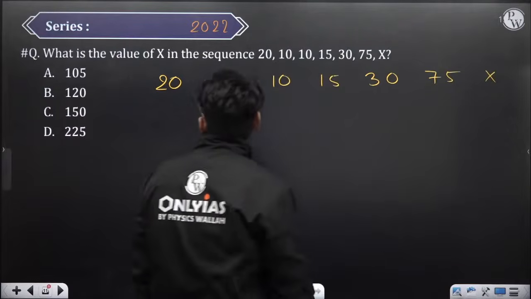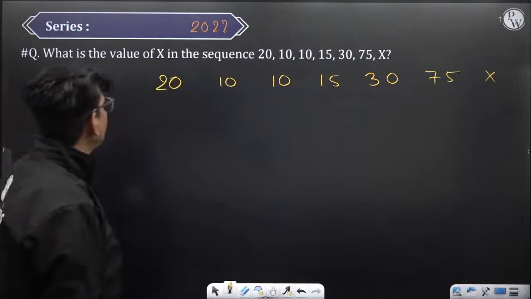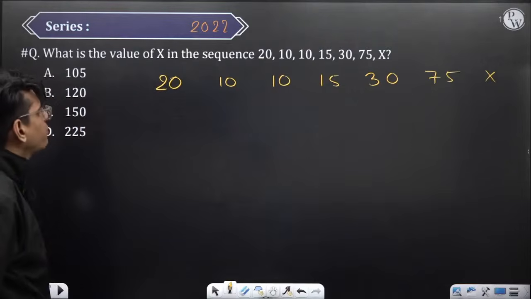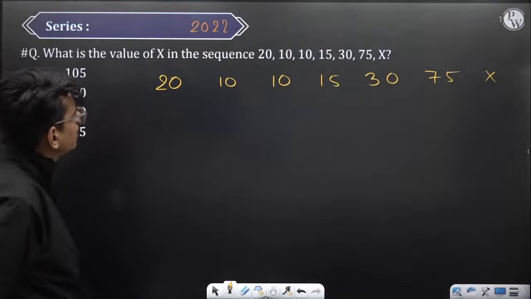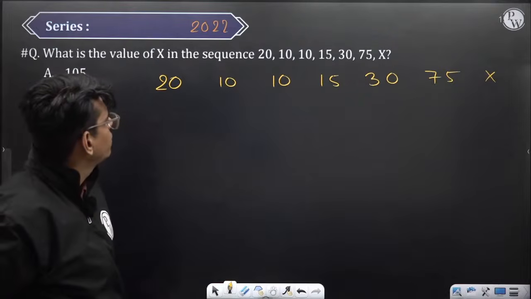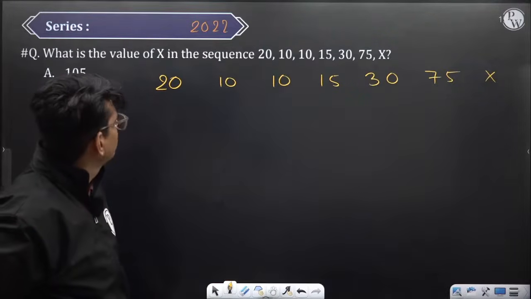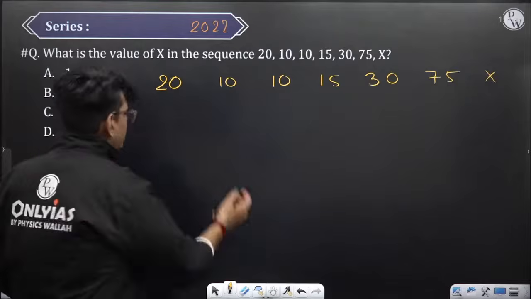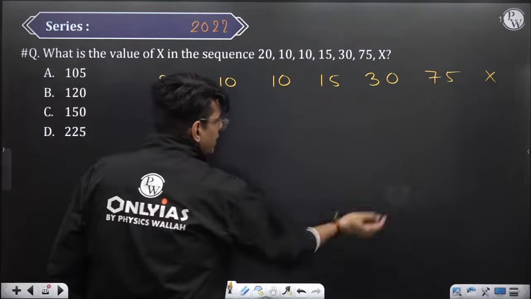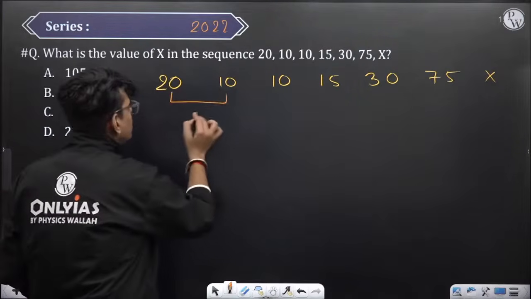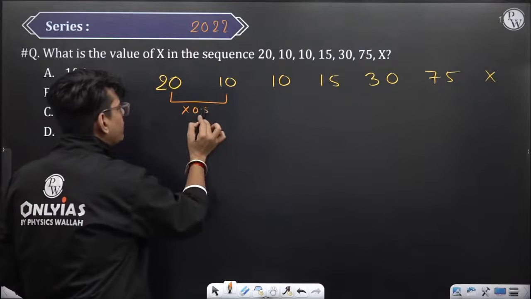To make 10 from 20, I multiply by 0.5. To make 10 from 10, I multiply by 1. To make 15 from 10, I multiply by 1.5. So the multiple is changing, by 0.5 each time.